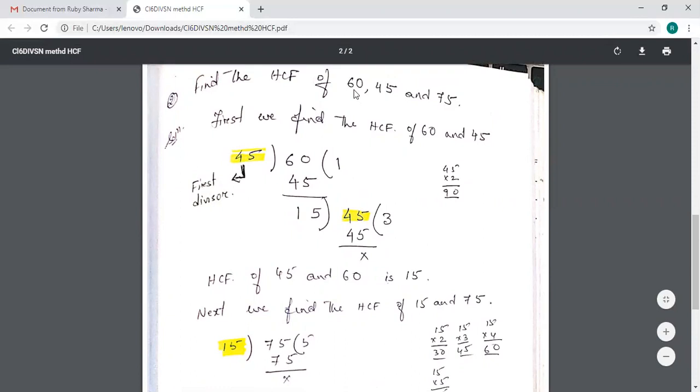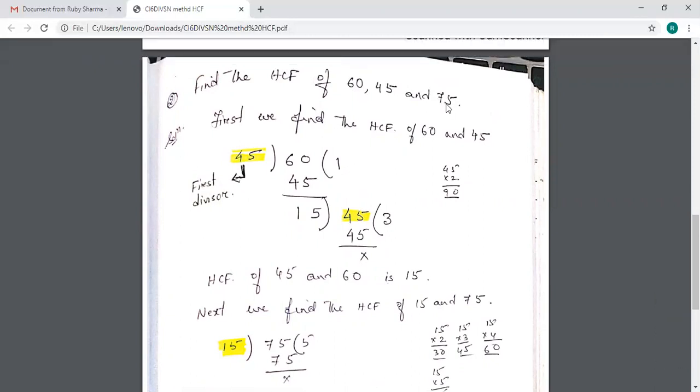And I will first find the highest common factor of 60 and 45. Once I get the highest common factor of these two, then I will find the highest common factor of that number and 75, which will give you the final highest common factor.